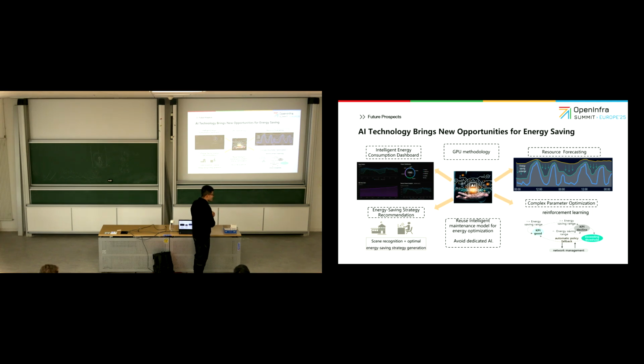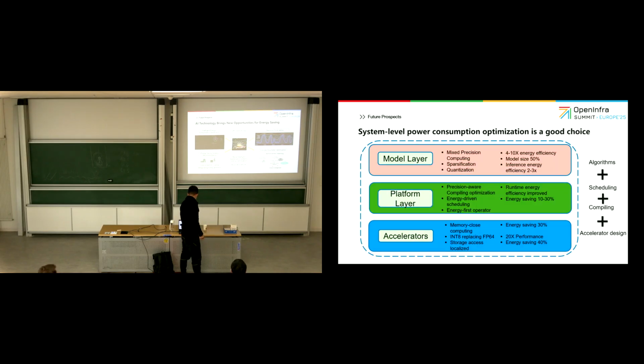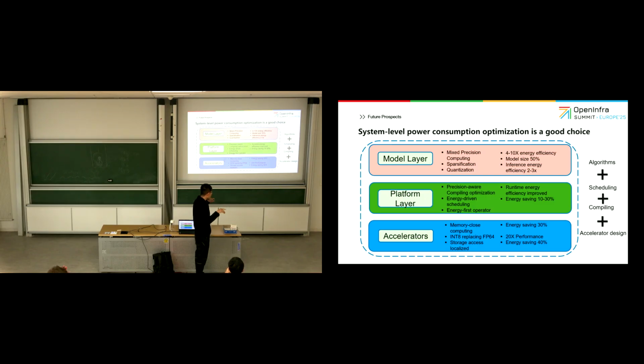There's also energy saving strategy recommendation by AI, applied by people. This is a thought that is not mature, but we now see that it is not just the hardware or the scheduler, but the whole system you need to consider to save power.